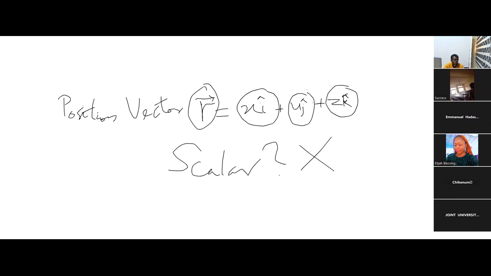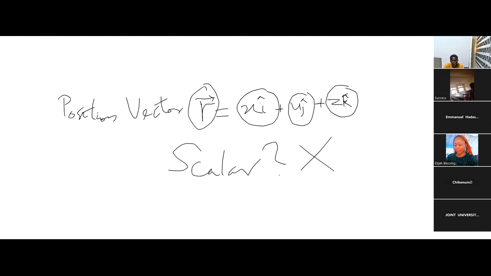We also went further to describe kinematics, talking about scalars and vectors. We described scalars, we described vectors. We went further to discuss motion in one direction, where we mentioned displacement, velocity, and acceleration.